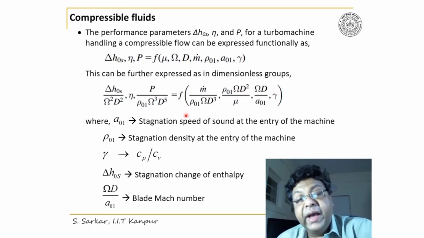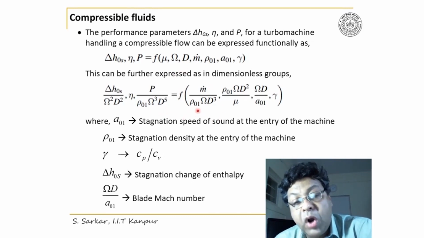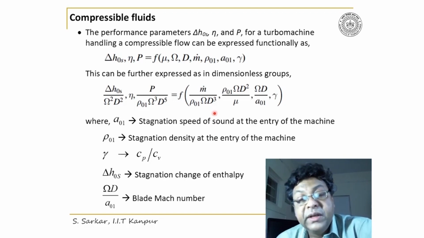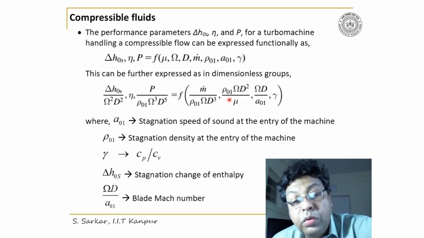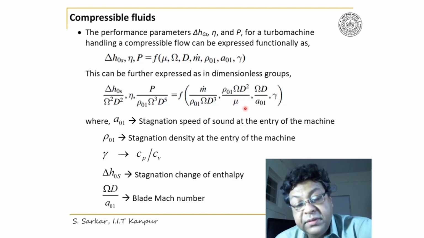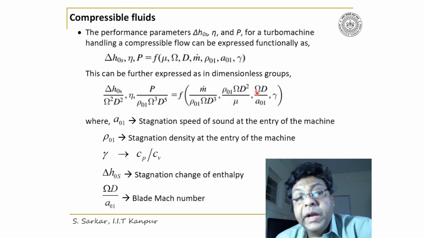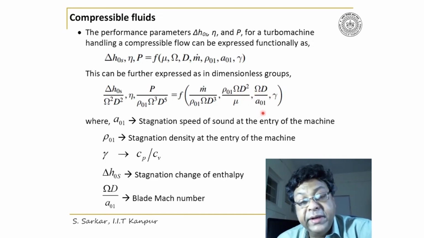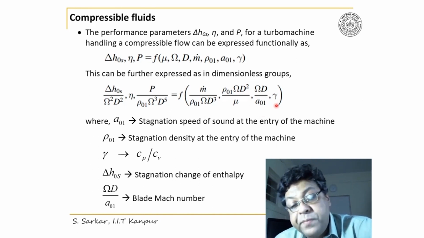These can be expressed as a function of m dot divided by rho 01 omega d cube, that is the non-dimensional mass flow rate through the machine. Rho 01 omega d squared by mu is some sort of Reynolds number, and omega d by A01 is the blade Mach number, and gamma is the ratio of Cp by Cv.